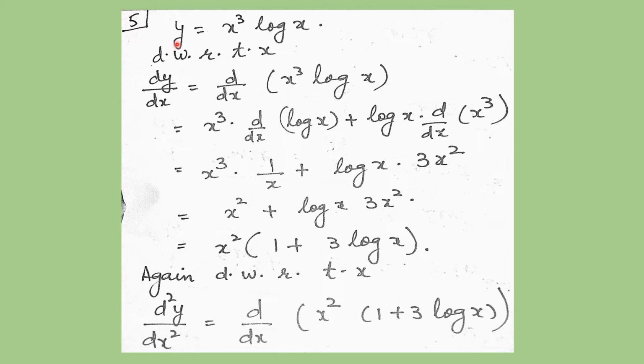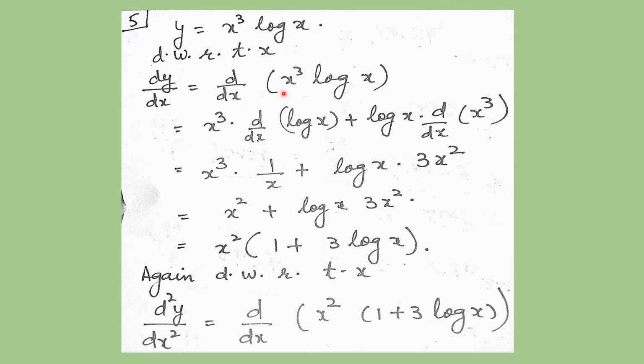Moving forward, question number 5. See, y is equal to x cube log of x. Very simple. Since the functions are multiplied, you will be using the UV formula. Differentiating with respect to x, you will write dy by dx is equal to d by dx of x cube log of x.